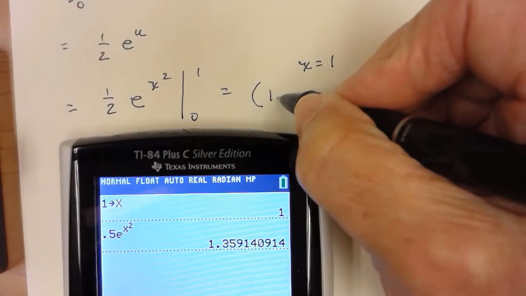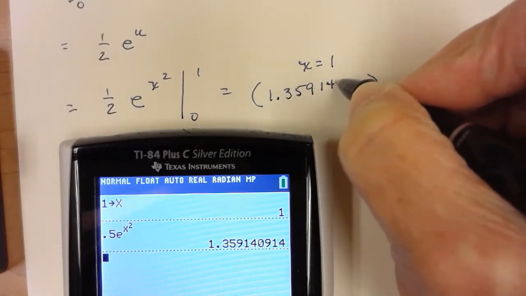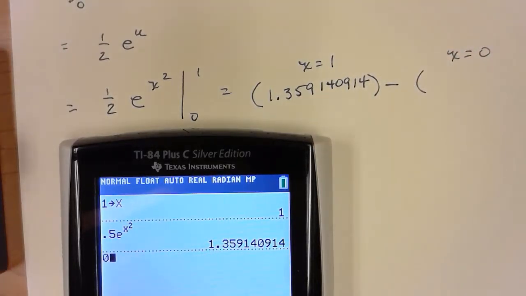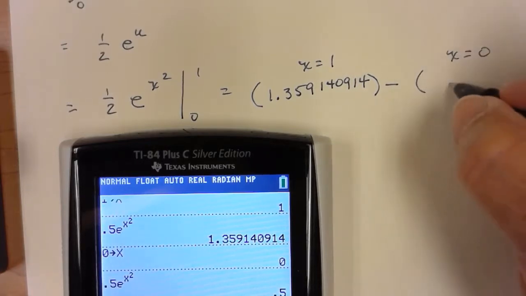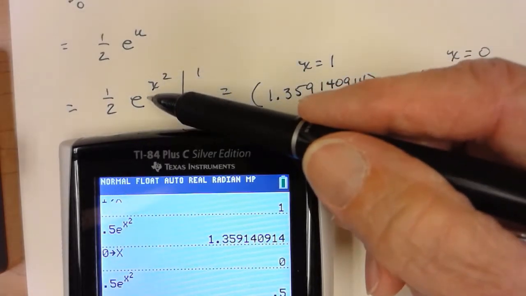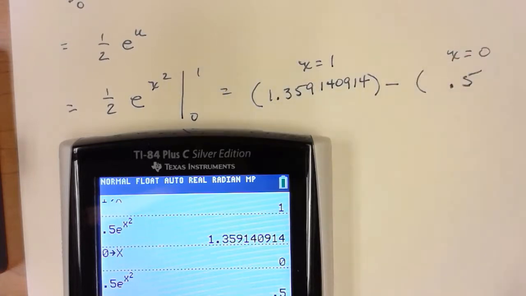So I get 1.359140914. Type in 0, second enter, and I get 0.5. That's because when you put 0 in, anything to the 0 power other than 0 is equal to 1.